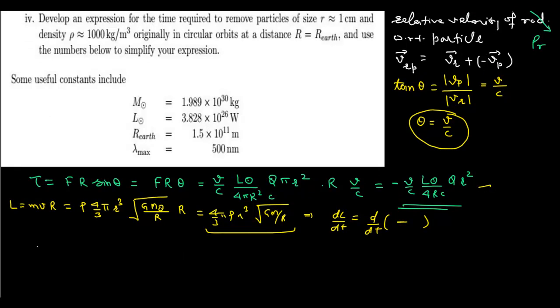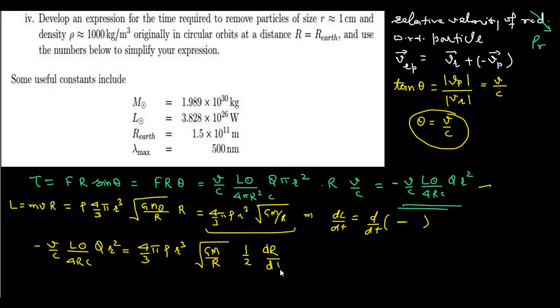So we have V by c L solar 4rc qr square, and differentiating this equation we will get 4 by 3 pi rho r cube under the root GM by r into 1 by 2 dr by dt.